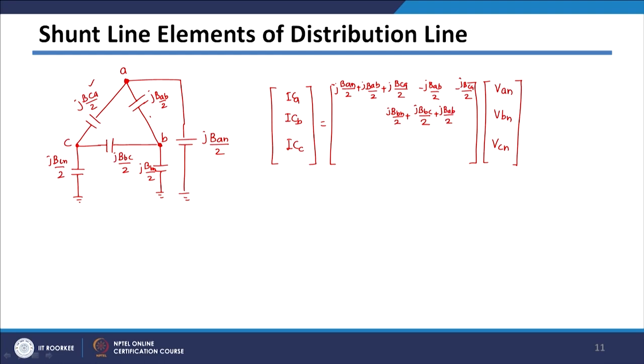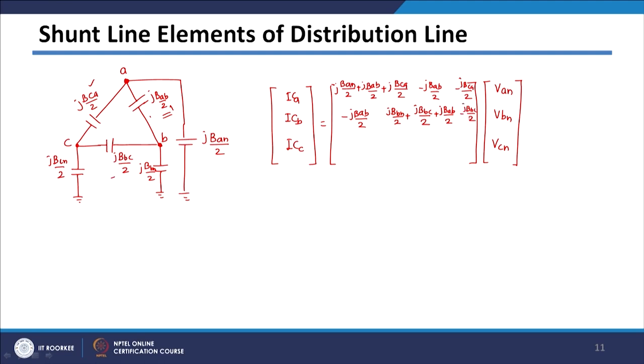The element corresponding to VAN will be the negative of this one, so minus jBAB by 2, and corresponding to VCN the negative of this, so minus jBBC divided by 2.